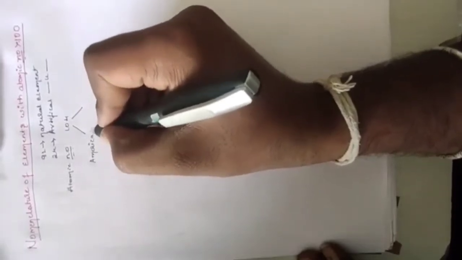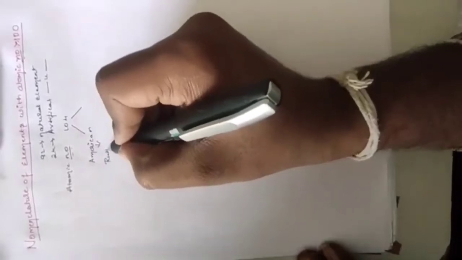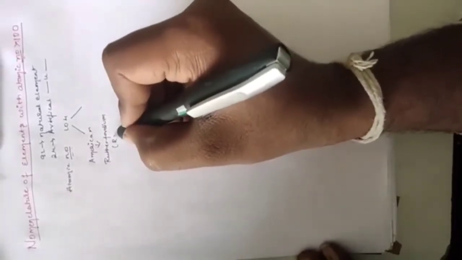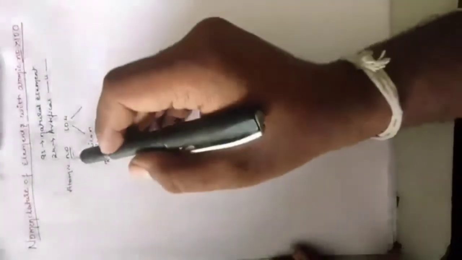The one element had two names. The Americans called it Rutherfordium and gave it the symbol Rf, capital R, small f.